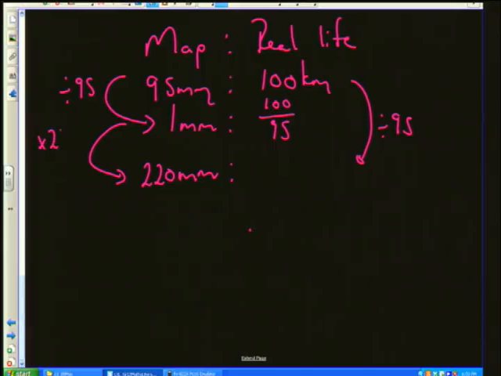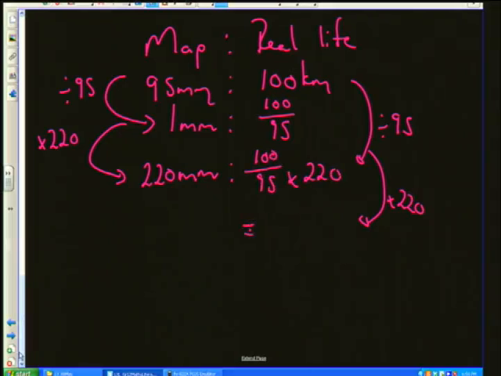I multiply by 220. And I'm going to do the exact same thing this side. Multiply by 220. So I've got 100 over 95 times 220. And that'll tell me how many kilometers this plane is actually flying from East London to Port Elizabeth.